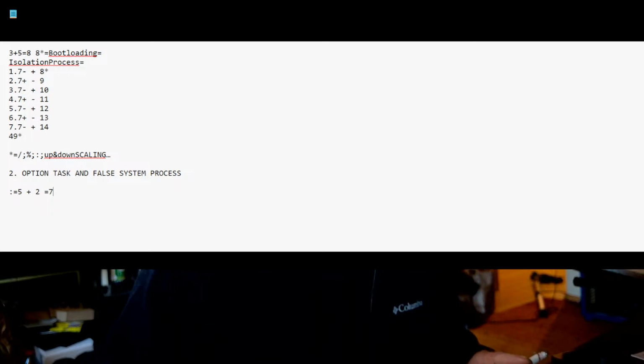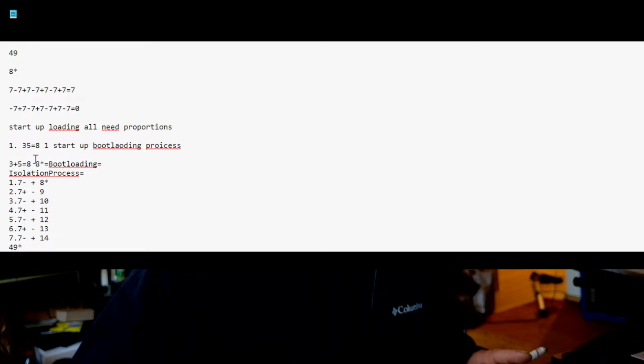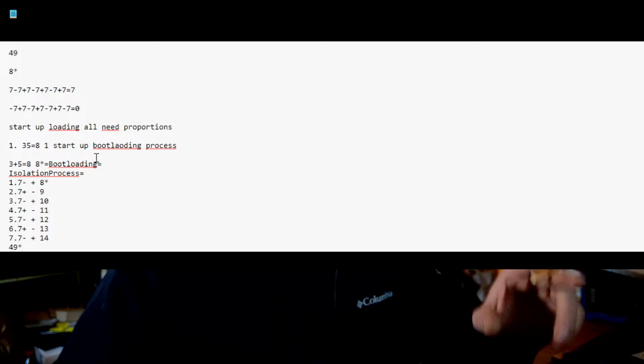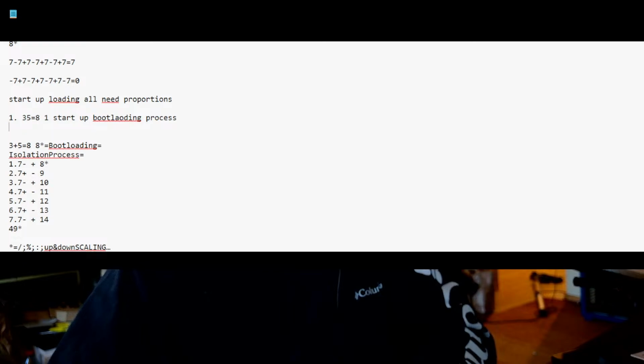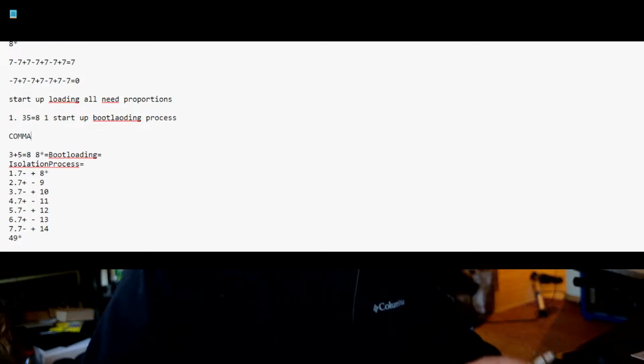And we have here through the first task process. Also, what is in the first task, then the boot loading process and the command list. Process isolation, command list, command.